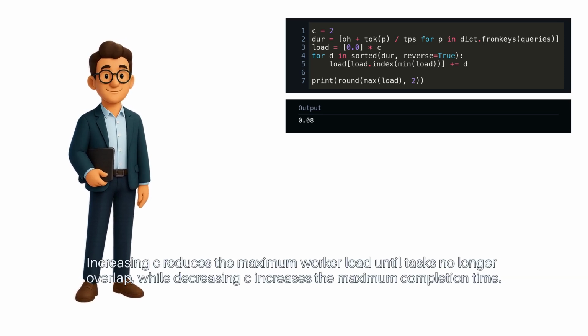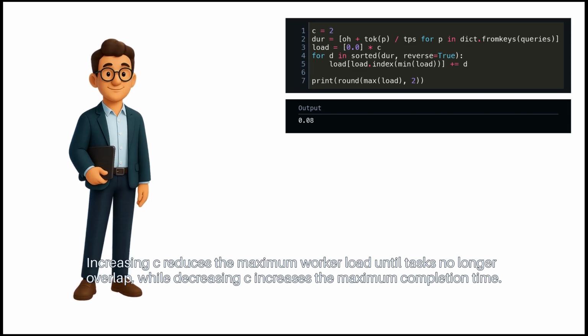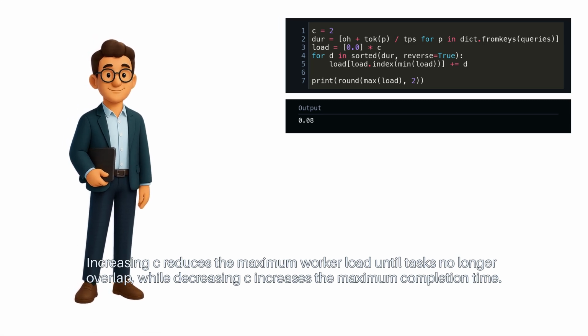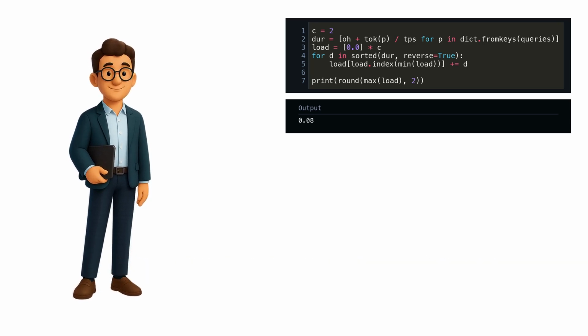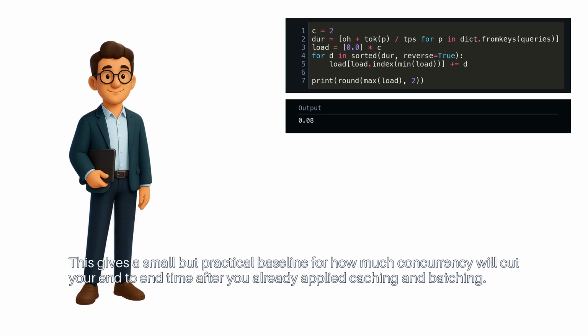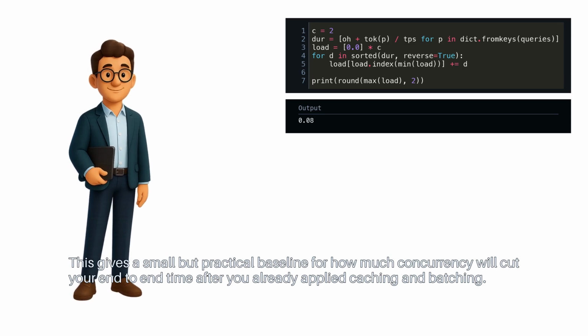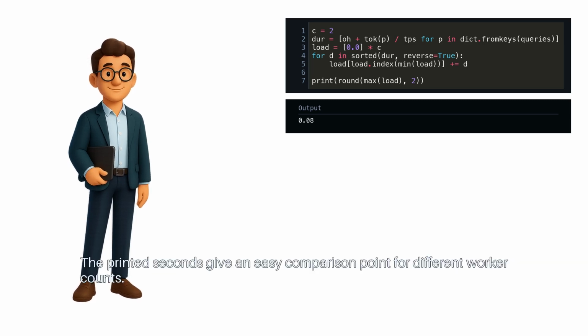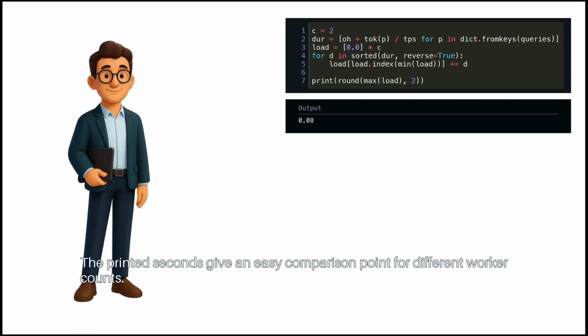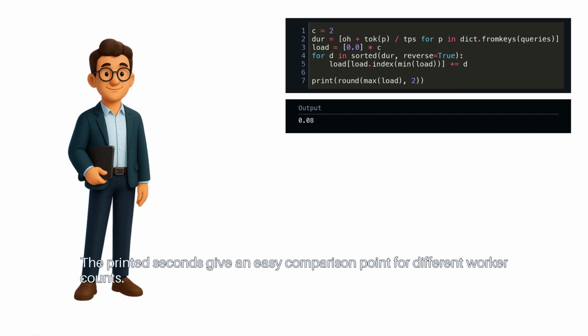Increasing C reduces the maximum worker load until tasks no longer overlap, while decreasing C increases the maximum completion time. This gives a small but practical baseline for how much concurrency will cut your end-to-end time after you already applied caching and batching. The printed seconds give an easy comparison point for different worker counts.